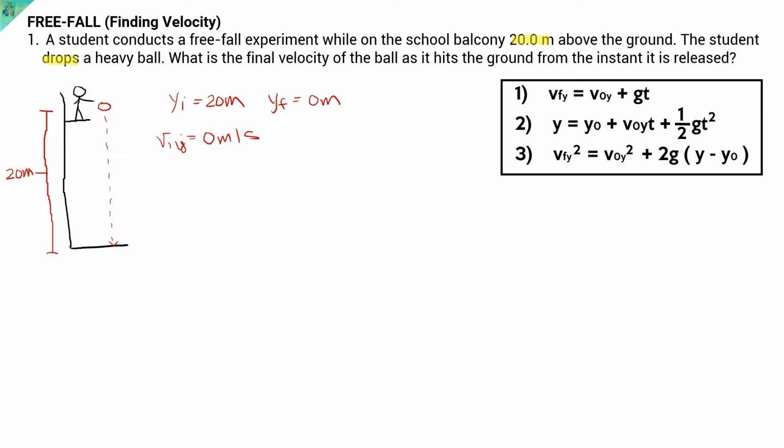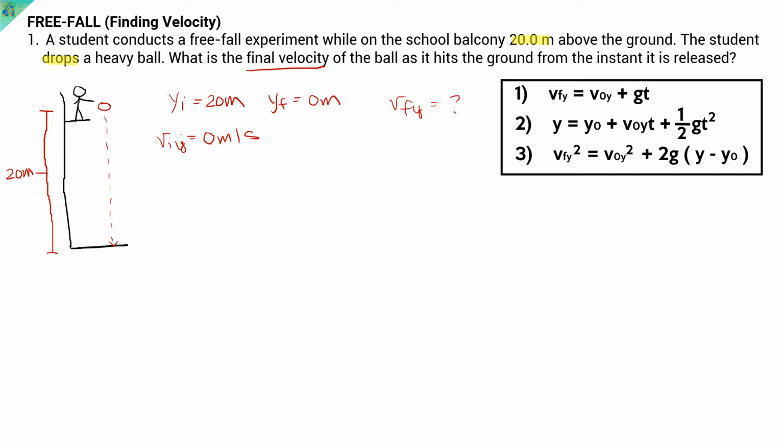When we say drops, he did not throw it. That means the student did not give any velocity to the ball. He just let it go. Meanwhile, we're asked to find the final velocity, so we're searching for our final velocity in the y-axis.